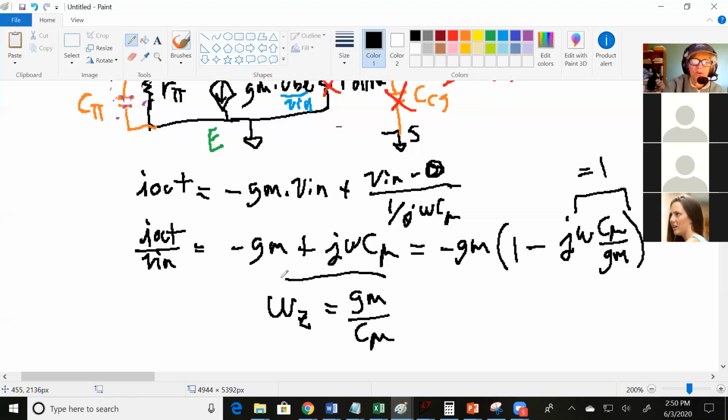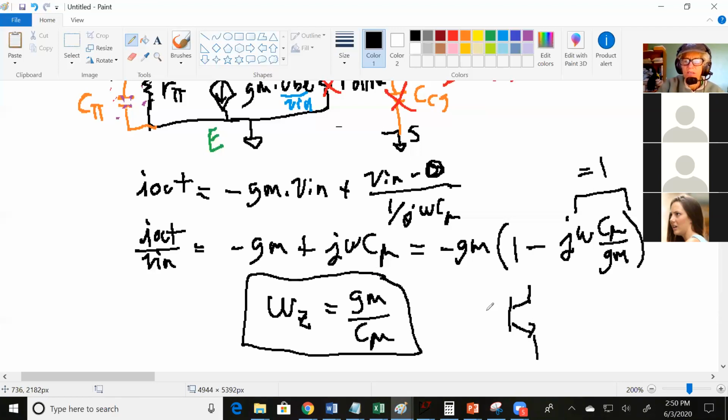If you want to know where a 0 is, you look at the transistor, you look at this capacitance, that's C mu, and you look at the GM of your transistor, you take the ratio of the two, and that's where your 0 happens.